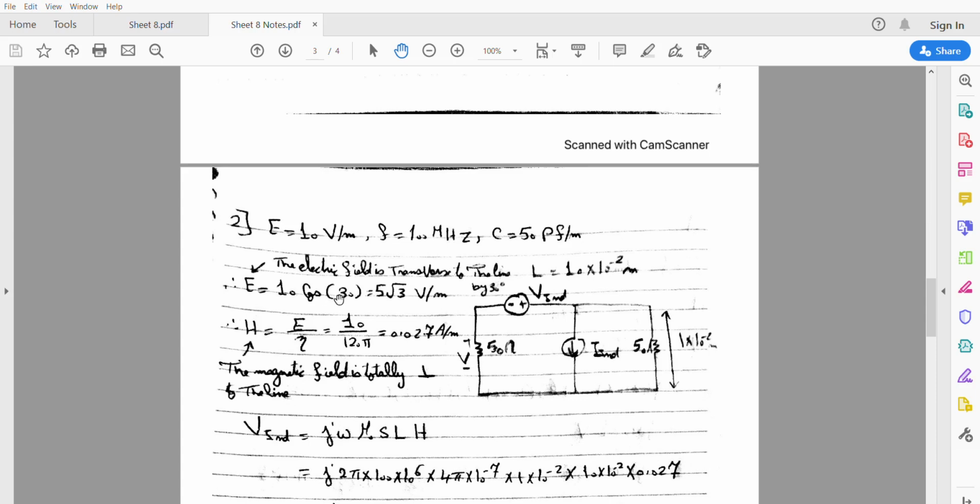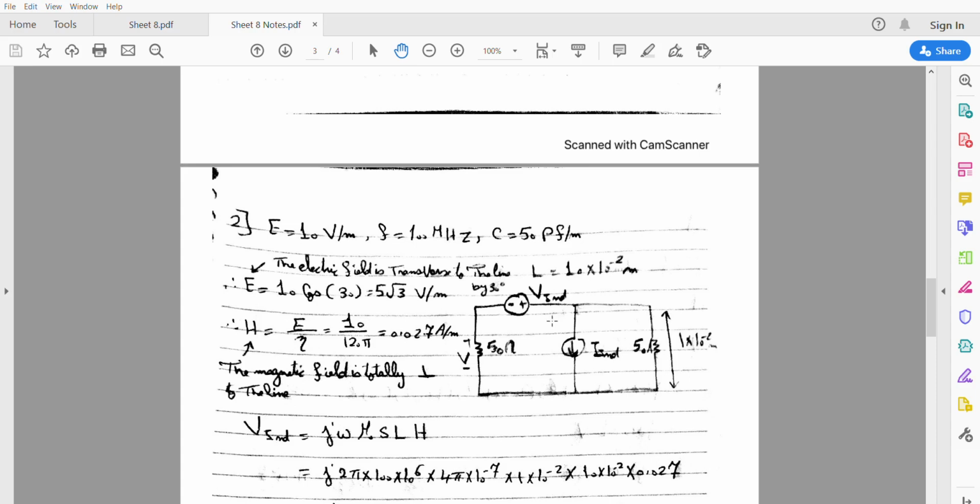So 10 cosine 30, we get the value of the electric field incident to our transmission line, and we can easily get the value of the magnetic field, which is always perpendicular to the line, by getting the value of E over eta. The value of E remains 10, not 5 root 3, as H is always perpendicular to the line. So H is equal to 10 over 120 pi. We get the value of the magnetic field.